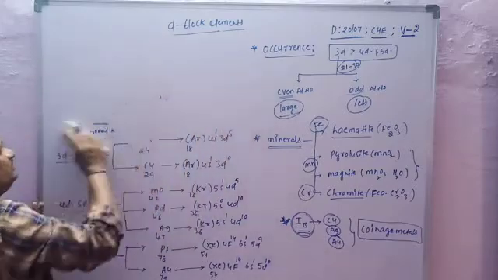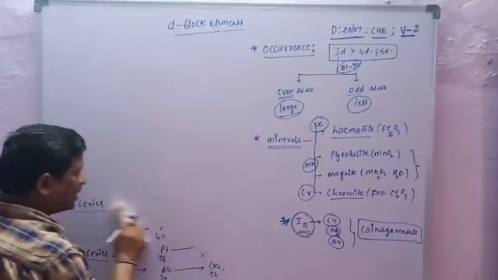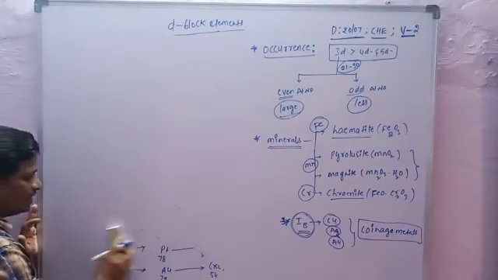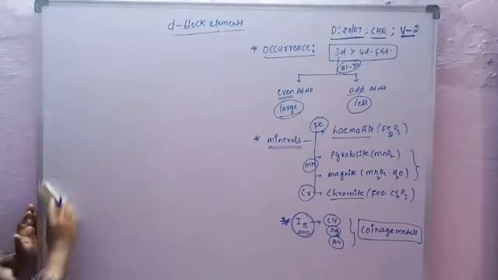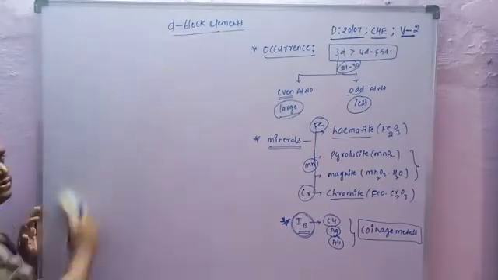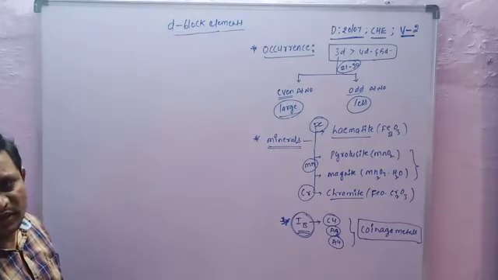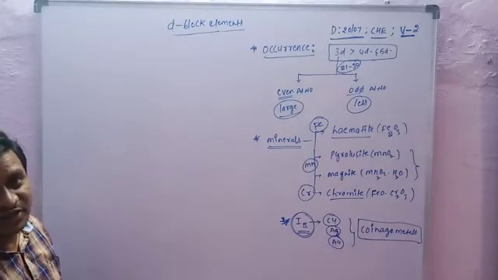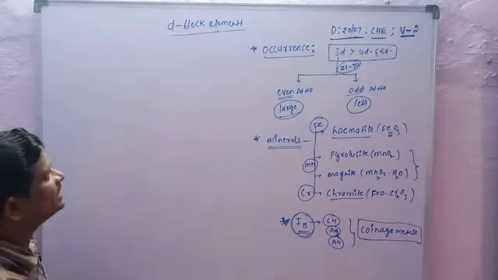So now next one is the properties of the transition elements. Transition elements show many properties, because the outer electronic configuration of d-block elements is partially filled. So their chemical reactivity is more.